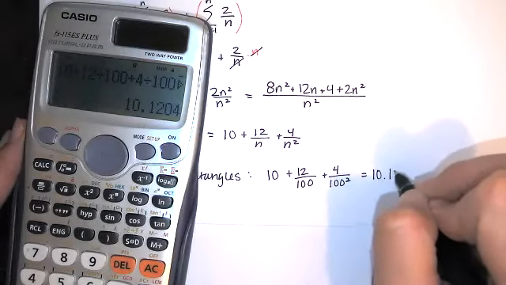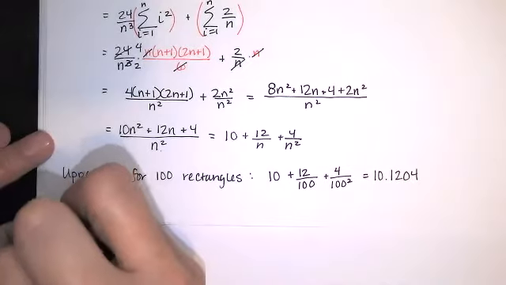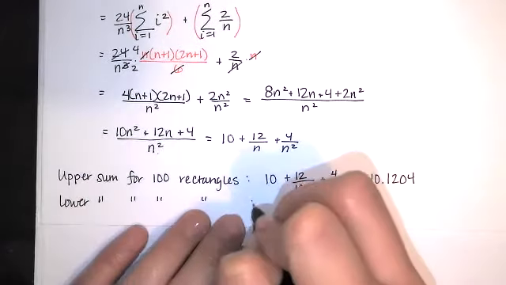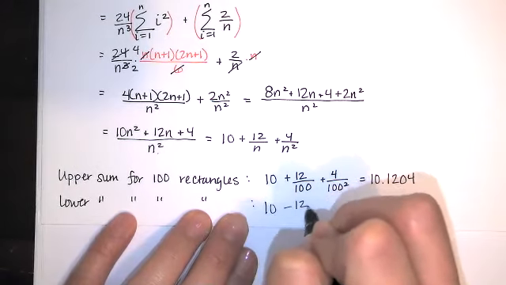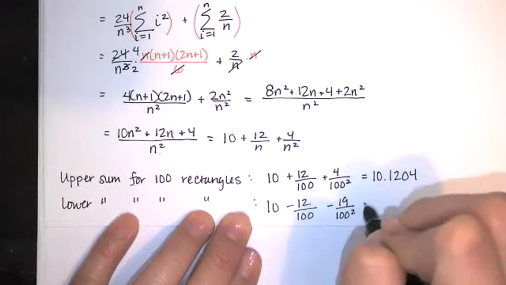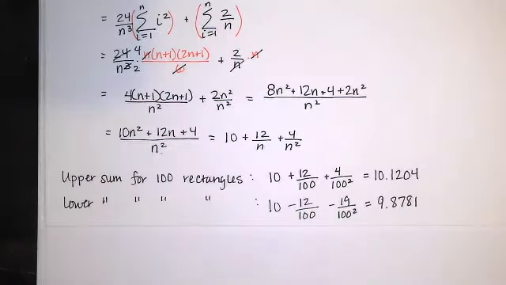So we get 12.1204. Now we had a lower sum, we did that earlier. It turned out to be 10 minus 12 over 100 minus 19 over 100 squared. That was 9.8781.